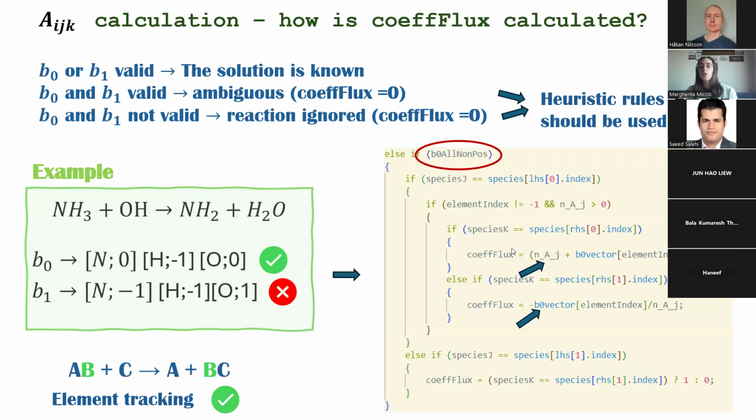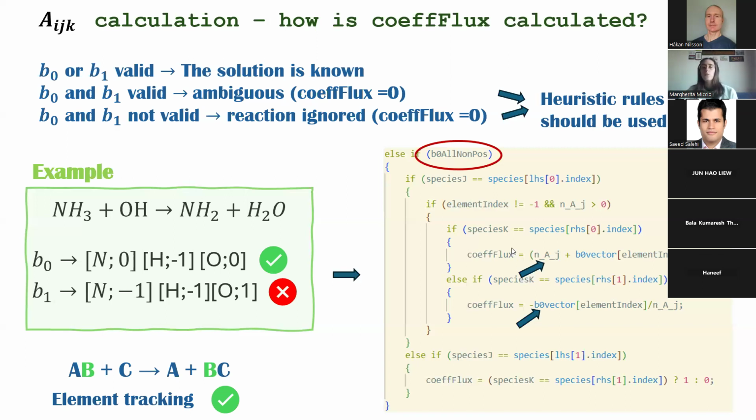Instead, if we consider the product 2, the water in the reaction, we will see that the coefficient flux will be calculated as minus the B0 vector, which is 1. So 1 hydrogen from NH3 will go to the water.